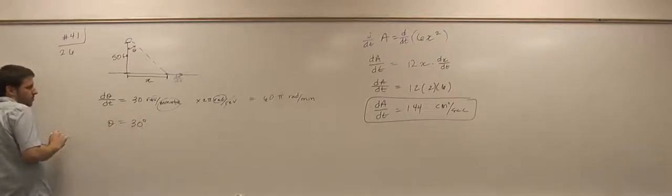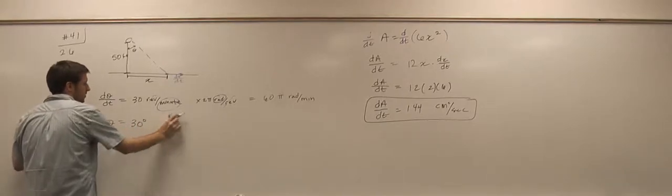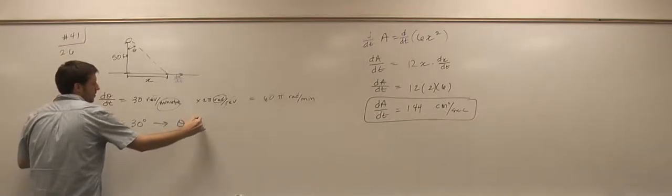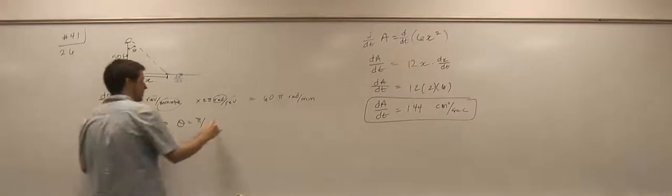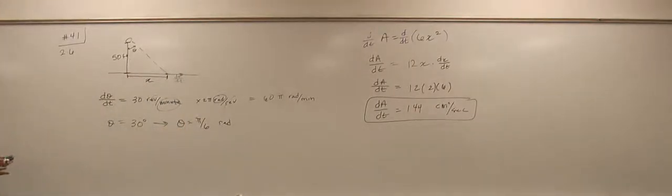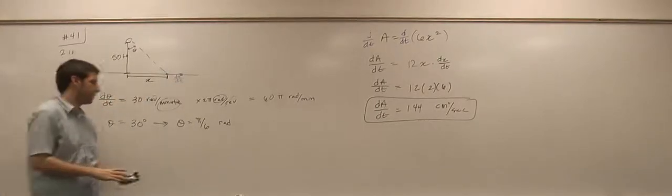Again, I don't like degrees, so I'm going to convert this. What's 30 degrees in radians? Now everything's in nice units, radians per minute, radians. I can find dx/dt, hopefully, if I come up with the right formula.